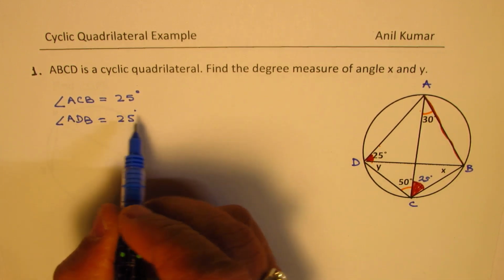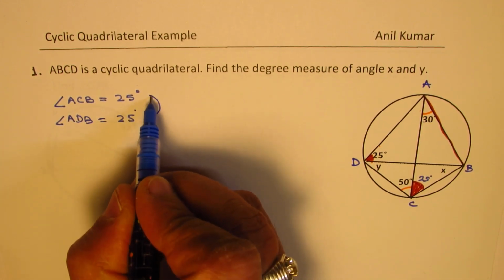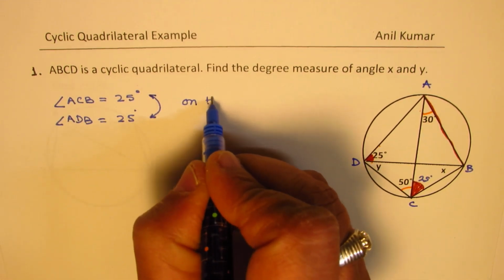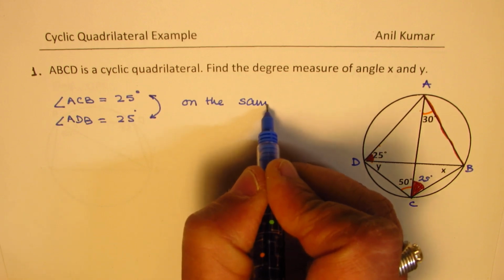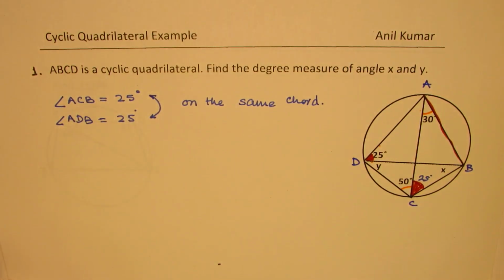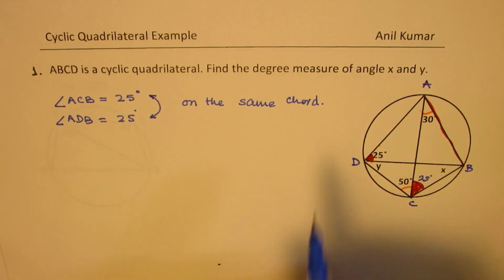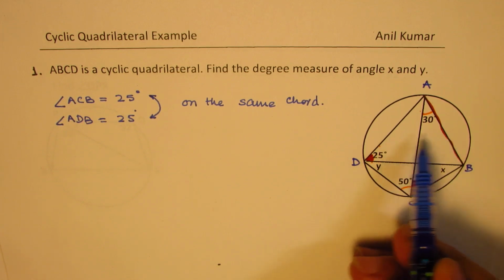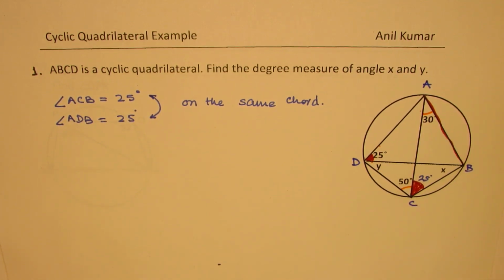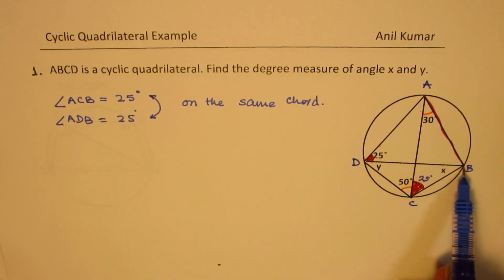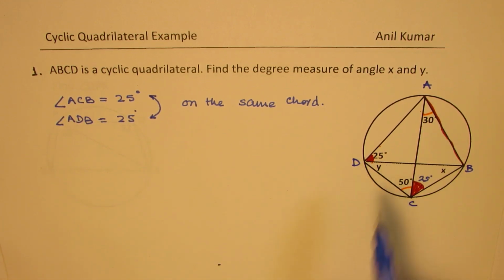So both are on the same chord. So this property holds good whenever we are also considering congruent chords. If we say that 2 are congruent, even then this property holds good, right? So from this, the same chord AB will subtend the same angle, and therefore these 2 angles are equal, correct?